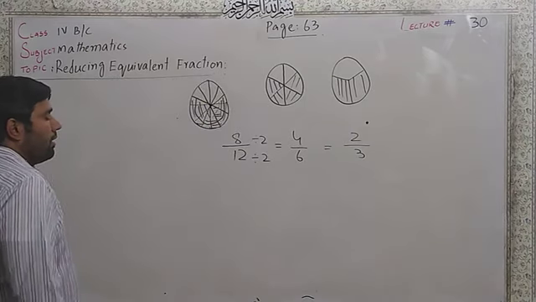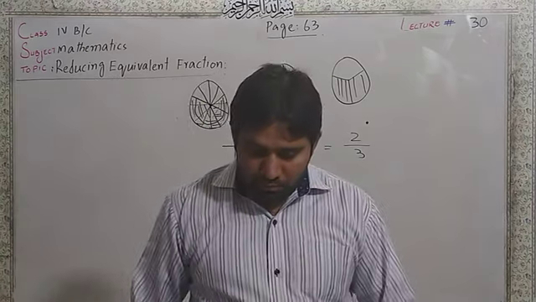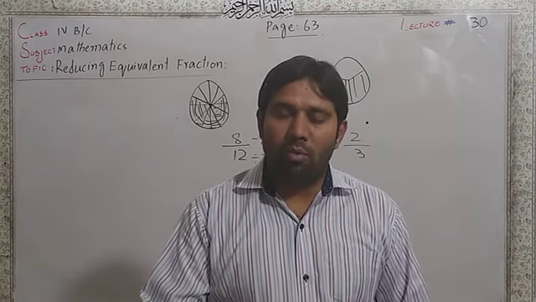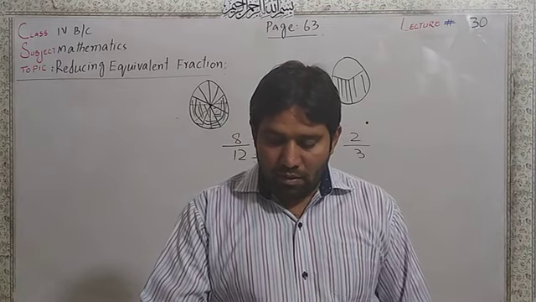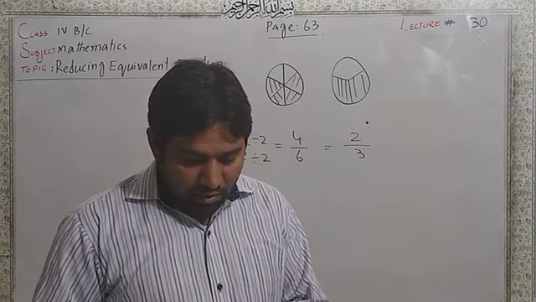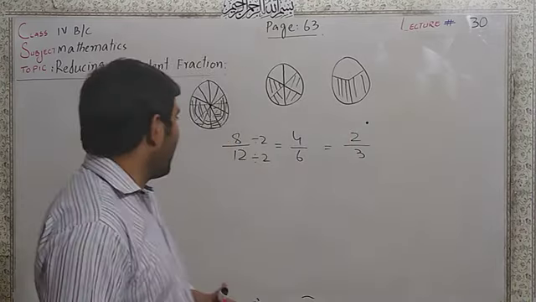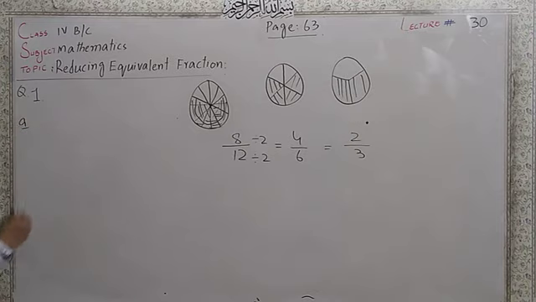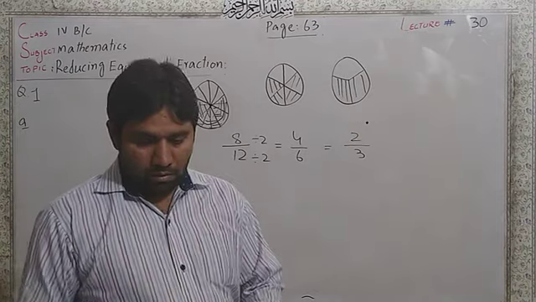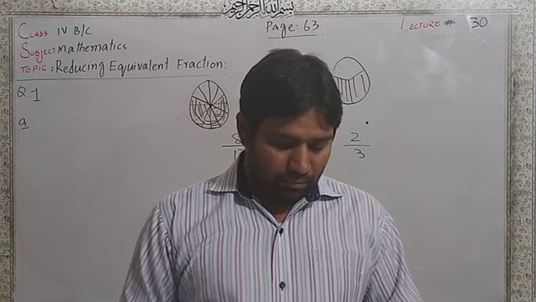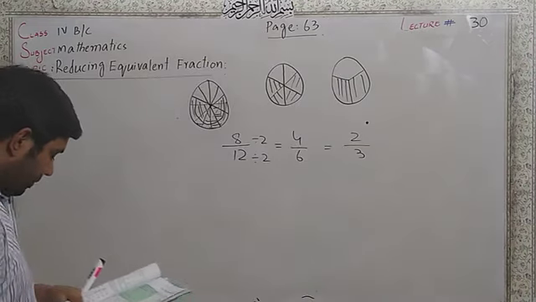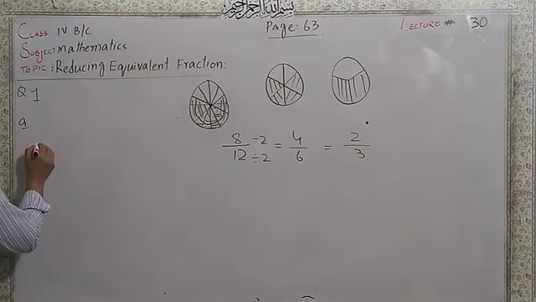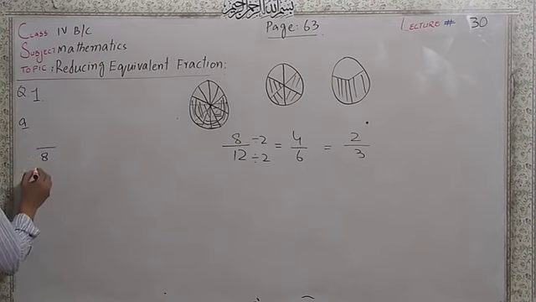Okay? In the book, you have question number 1. You have the diagrams in your book, and you will see and count the total parts, and then you have to count the colored parts. In question 1, part A, there are 8 total parts and 4 colored.